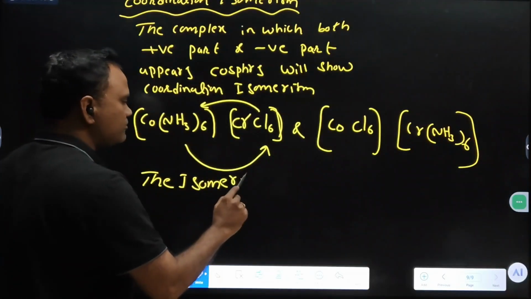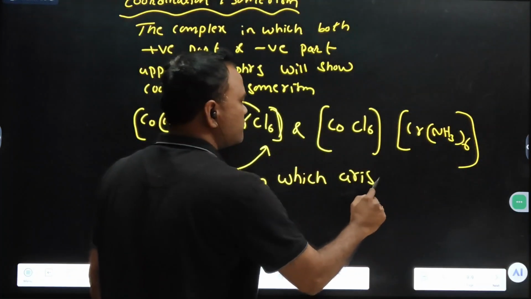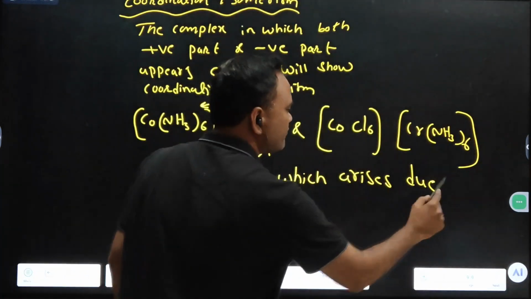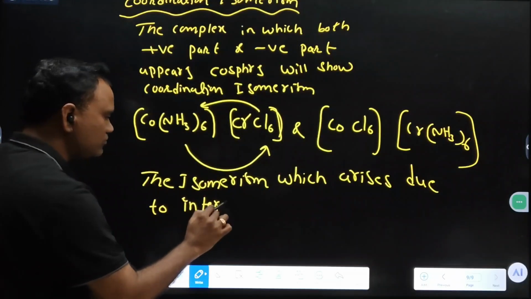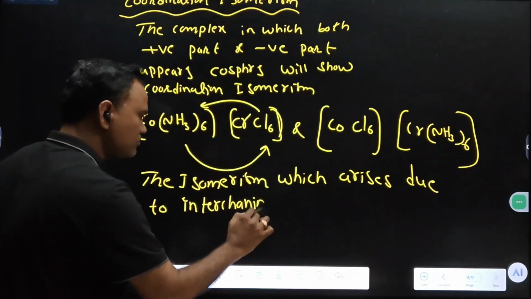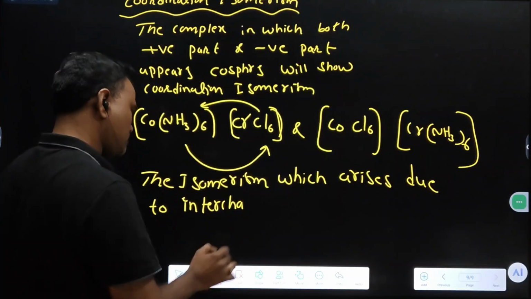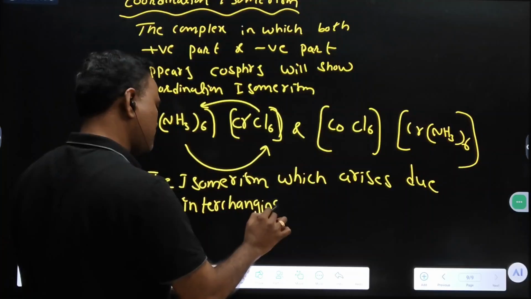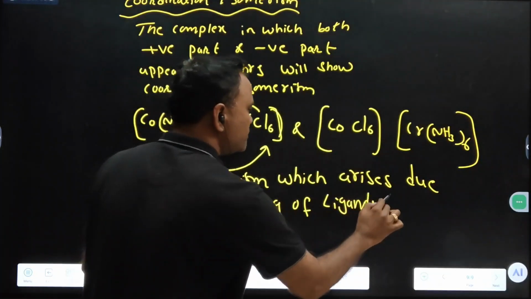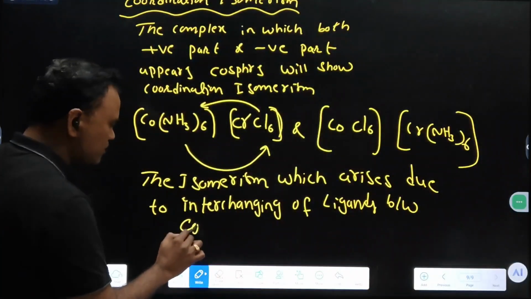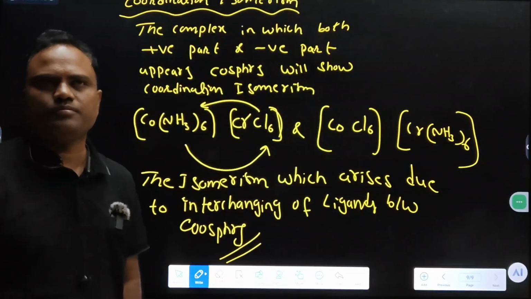The isomerism which arises due to interchanging of ligands between coordination spheres, right? Short form: coordination spheres.